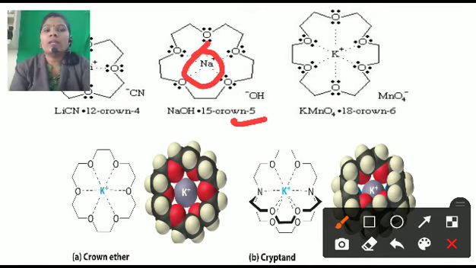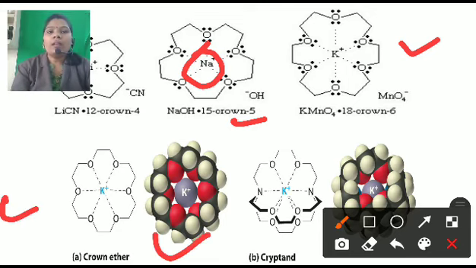That means only the sodium metal can be trapped in the hole of this crown ether. Next is 18-crown-6. This is only for potassium.